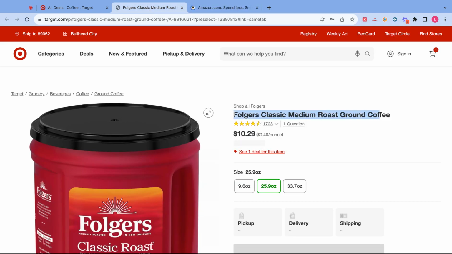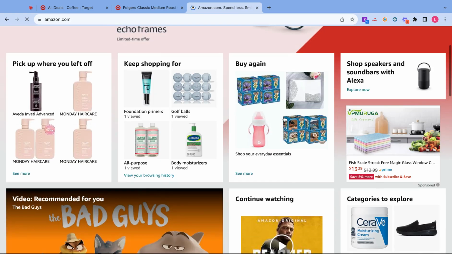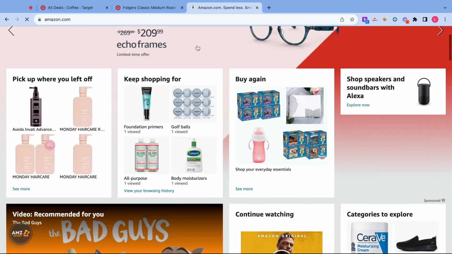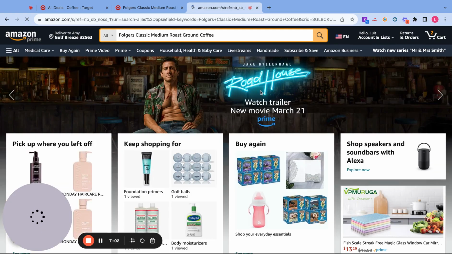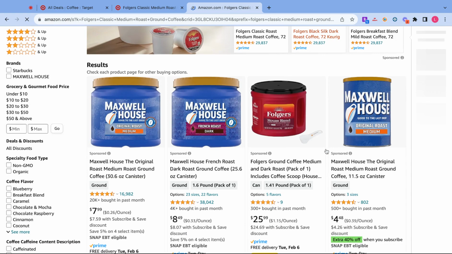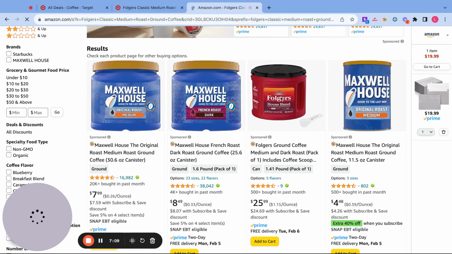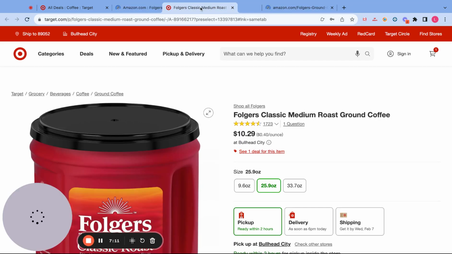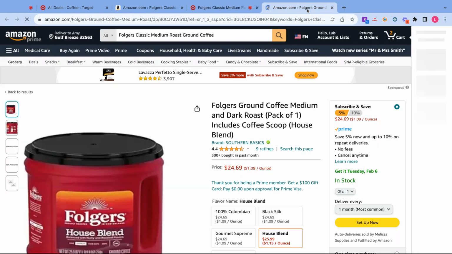So Folgers, medium roast, ground coffee. What happened? Do it again. Folgers, medium roast, ground coffee. This is the one. Classic roast.